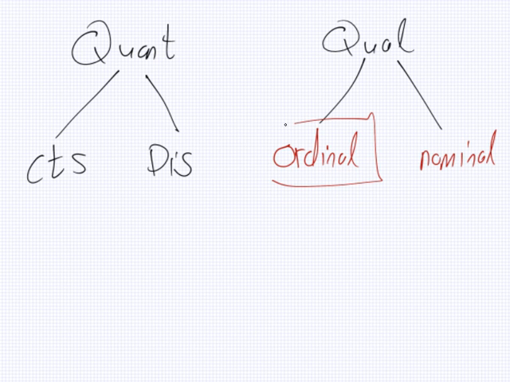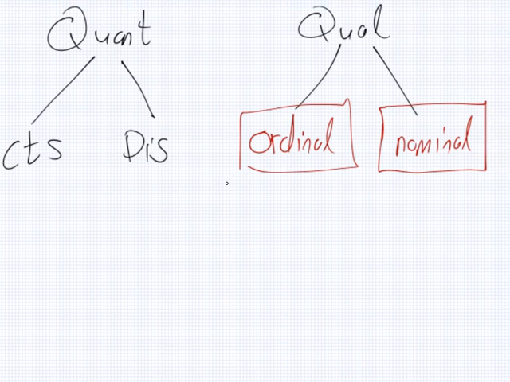So these are the two new words now for qualitative. Ordinal and nominal. So what I'm going to do is I'm going to give you examples of each, and then maybe somebody can see how they're different. Okay?